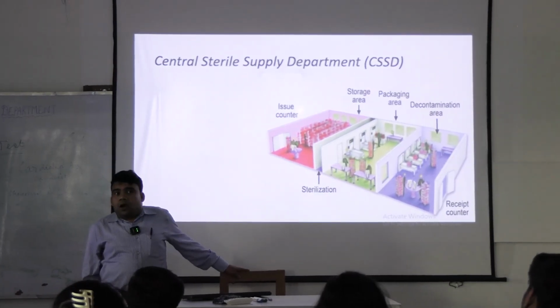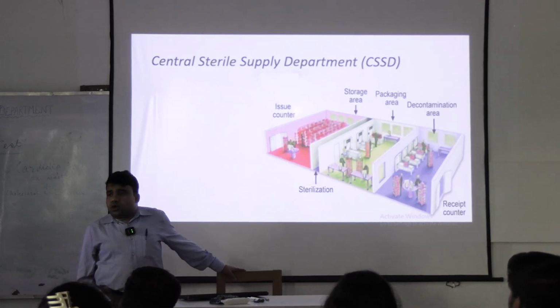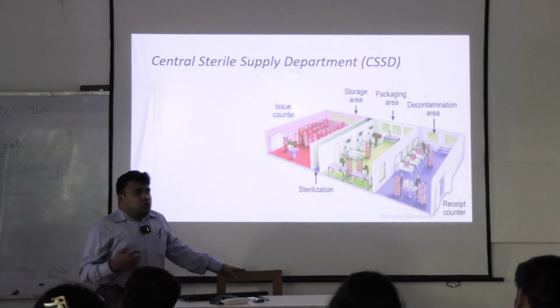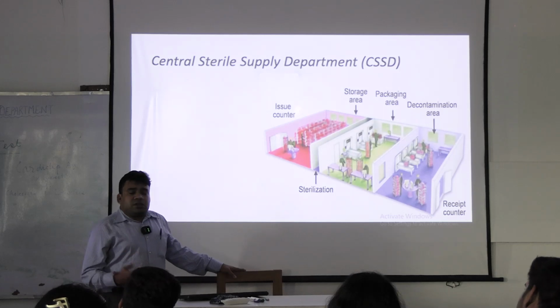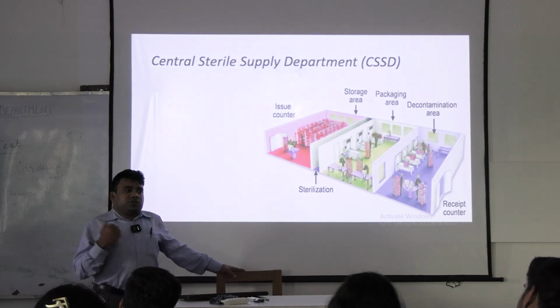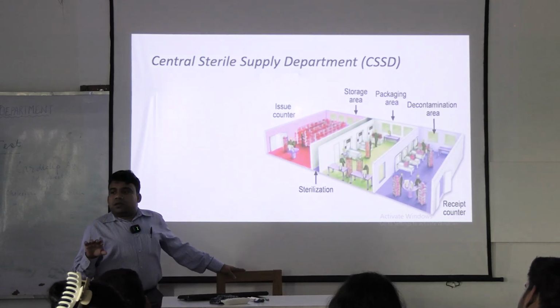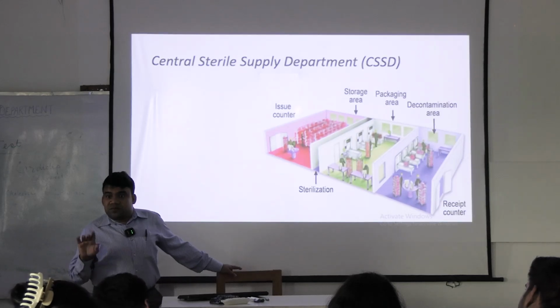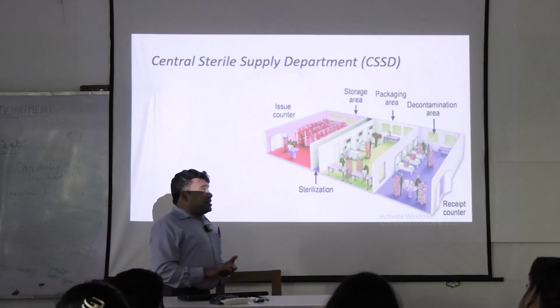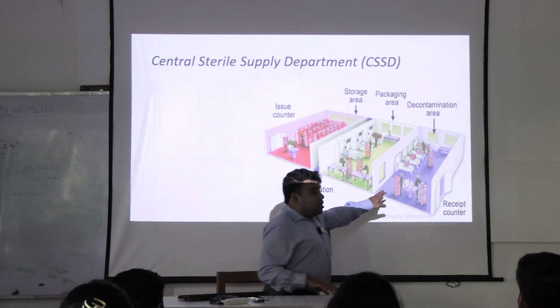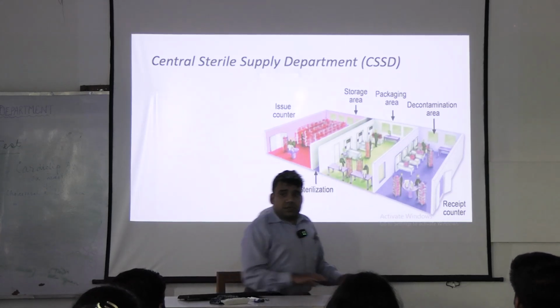Furthermore, all the used items will have some organic material on them, it could be blood or tissue. Whenever there is organic material, the process we use for sterilization or disinfection will be insufficient. So we need to clean them first, to get rid of the organic matter. That is done in this area called the decontamination area.